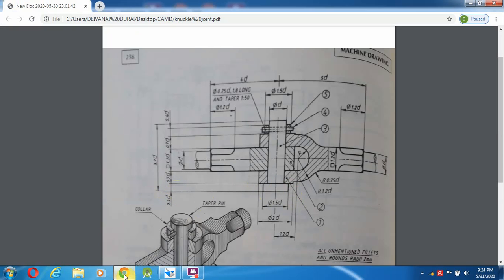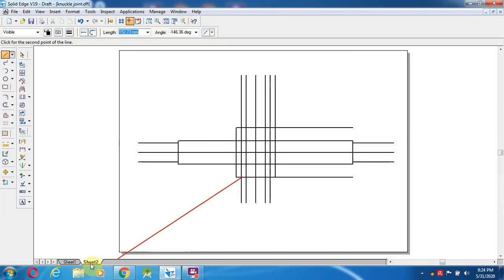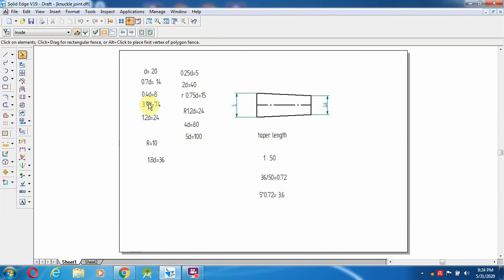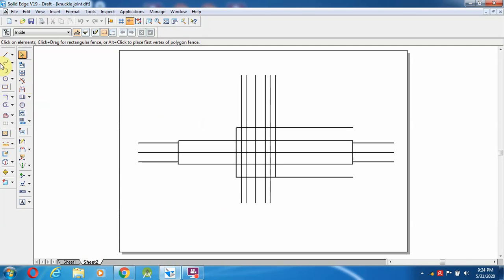So the 0.4D means we go over here, check what is the 0.4D. So 0.4D is the 8 mm. So select a line, from here to 8 mm line we can make, so 8 mm line, and we can finish it up.